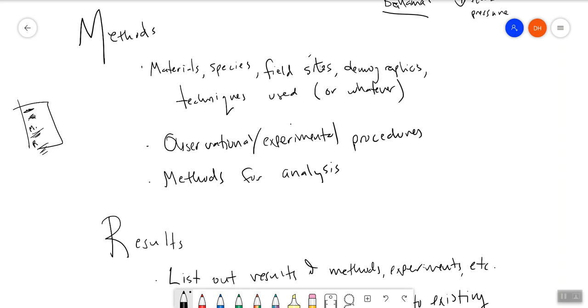So, field sites, if you're doing archaeology, or let's say you were doing a comparative study of this medication on people in Nassau versus Grand Bahama, right? The blood pressure and stress levels in Grand Bahama are going to be quite different than in Nassau because of Dorian plus COVID, right?